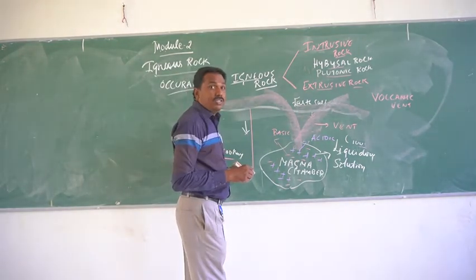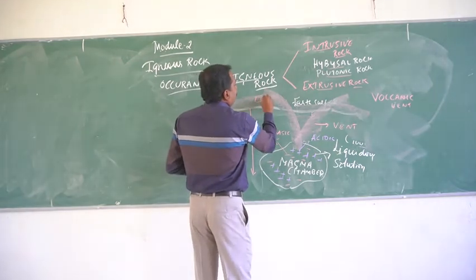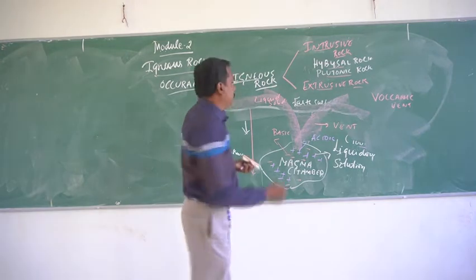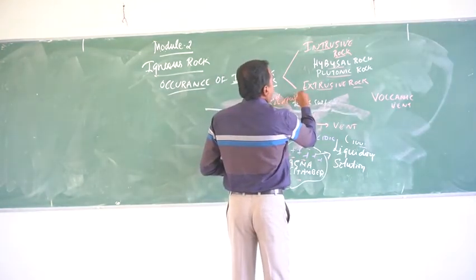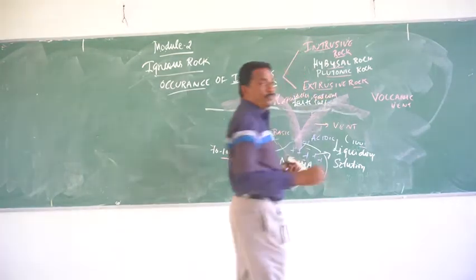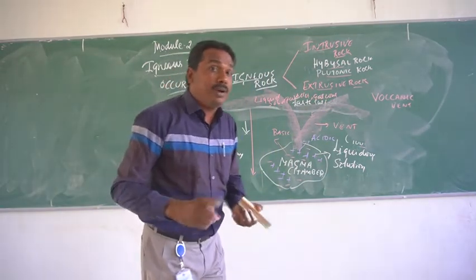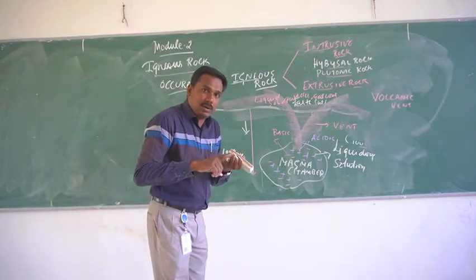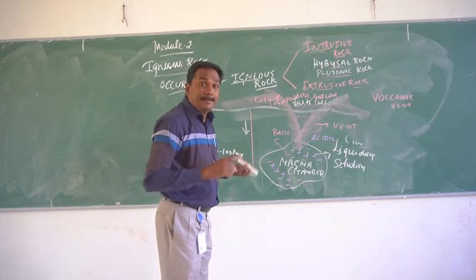What comes out? Liquid, sometimes solid particles, and also gaseous material. So when the magma chamber squeezes out, it comes out liquid, gaseous and solid particles.